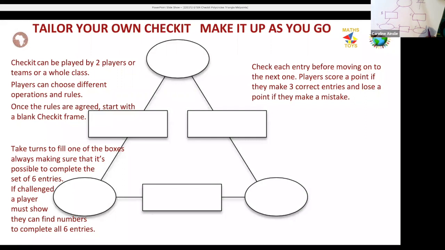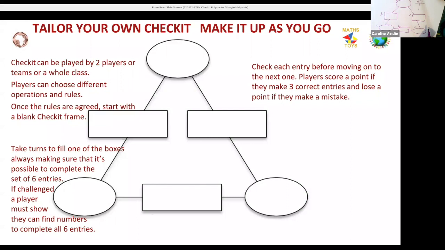Okay, 2-digit numbers. Now, we're going to take it in turns to fill in one of the boxes, always making sure, as I've just said, that it's possible to complete the set of 6 entries. And then, if challenged, a player must show they can find numbers to complete all 6 entries. And we check each entry before moving on to the next one.